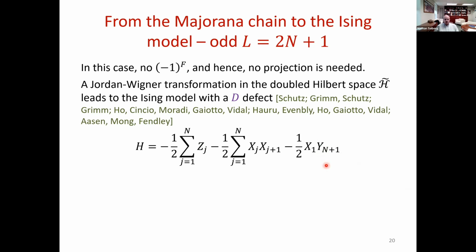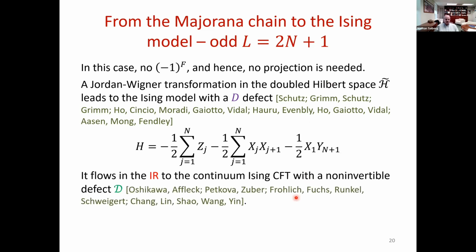So this is the Hamiltonian, which had been written earlier by these people, and it flows in the infrared to the continuum Ising CFT with a non-invertible defect, which had been studied by these authors. So what we see here is that, first of all, the fact that we landed on our feet here, and we found a system that is interesting and had been studied earlier, gives more credibility to our treatment of the odd L fermionic problem.